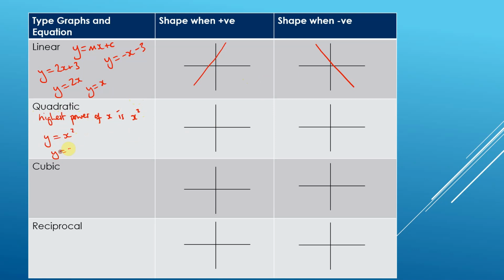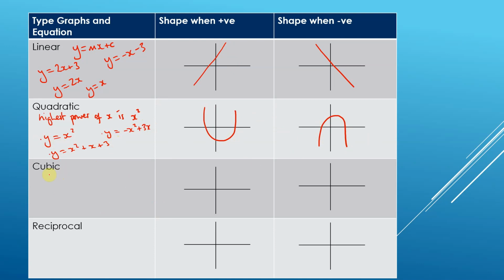We could have y equals x squared plus x plus 3. We can also have negatives, y equals minus x squared plus 3x. Anything like that would be a quadratic. And when it's positive, it's going to look like a smile. And when it's negative, it's going to look like a frown. Again, these graphs don't link to anything specific, it's just the general look of them.